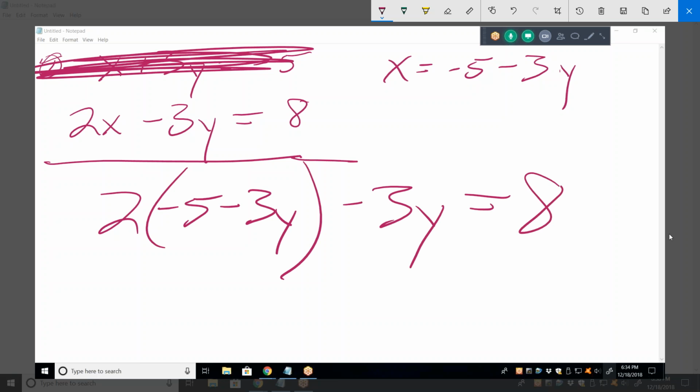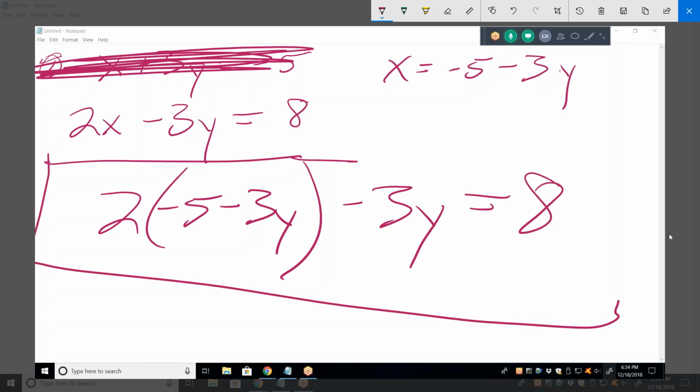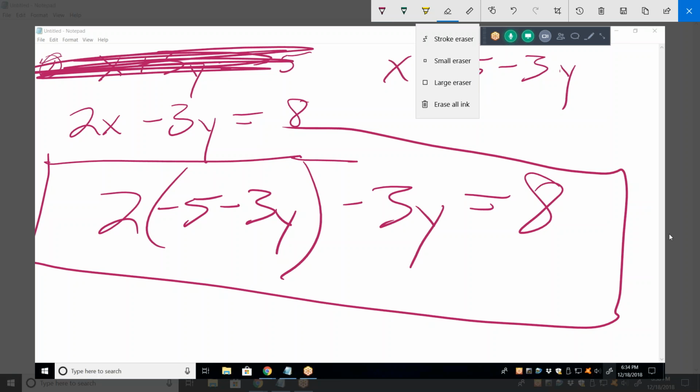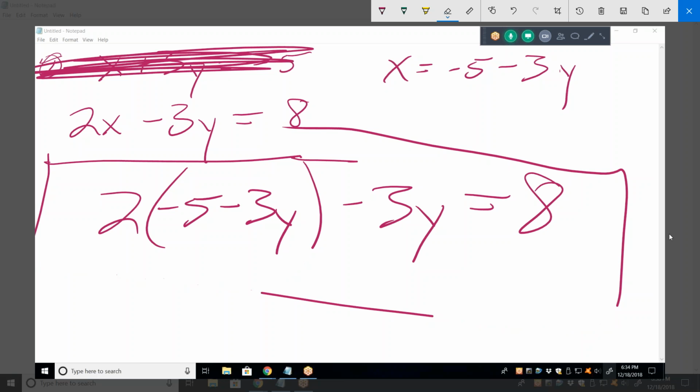Okay. Now notice what you have. One equation, one unknown. Very easy to solve. What's the next step? Next line. Hold on a second. -10 minus 6y minus 3y equals 8. Okay.